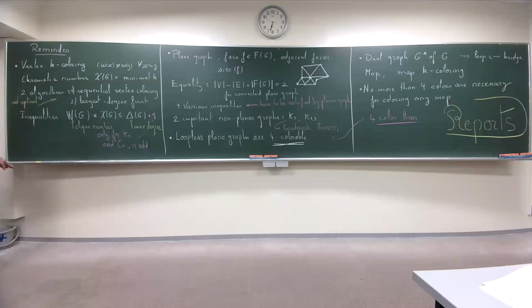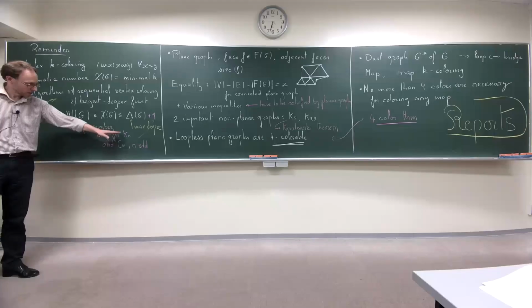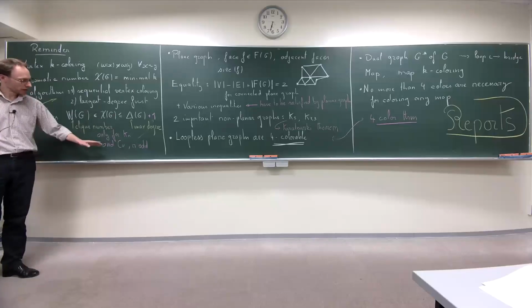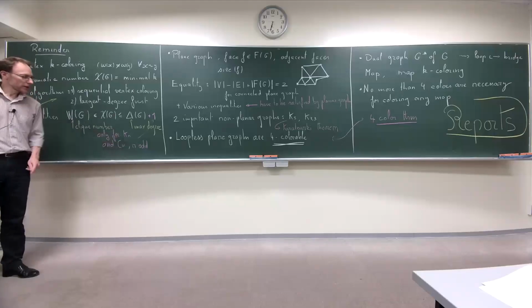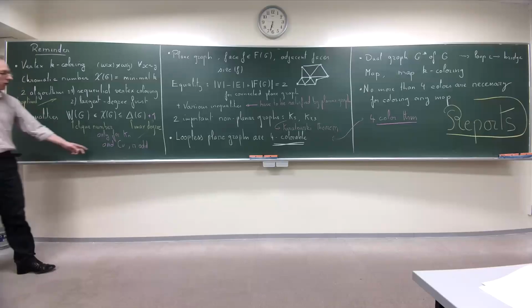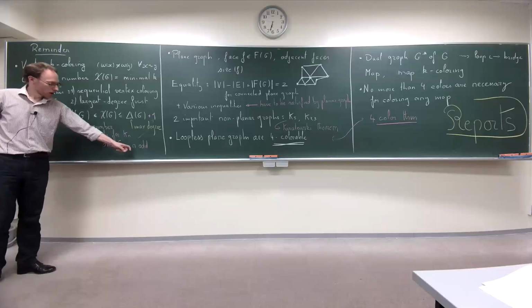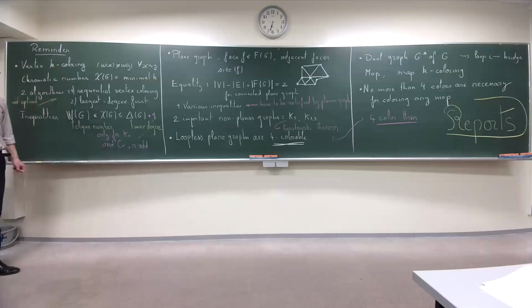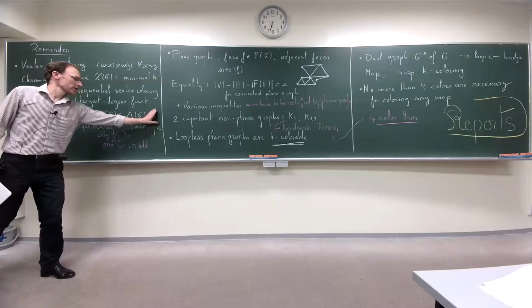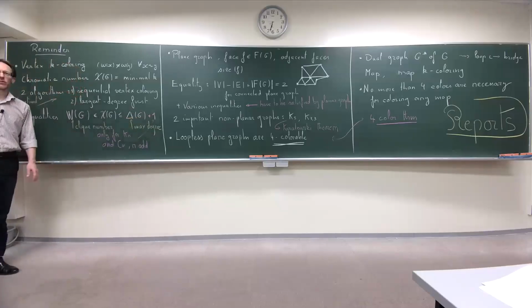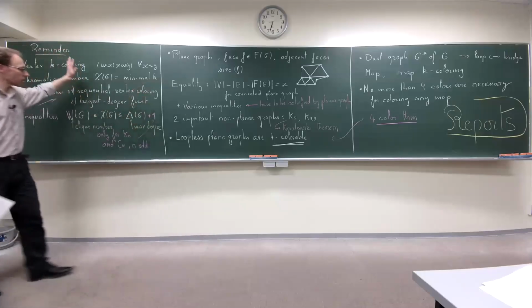And this plus 1, in fact, you need it only for two types of graphs, the complete graph of n vertices or the circular graph of n vertices with n odd. So most of the time you can just use this inequality, but for two types of graphs you need plus 1. This is true for any graph.